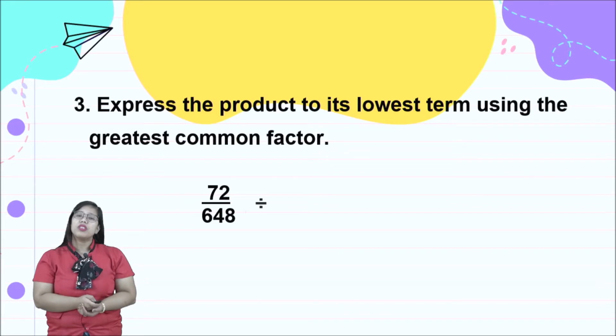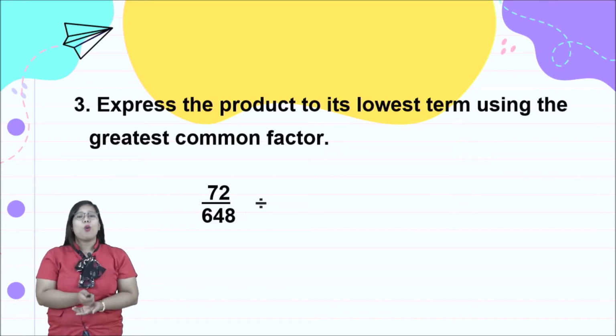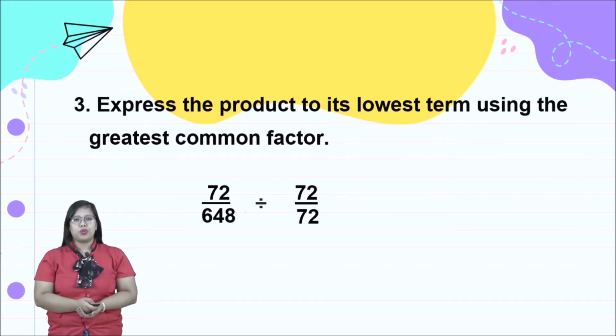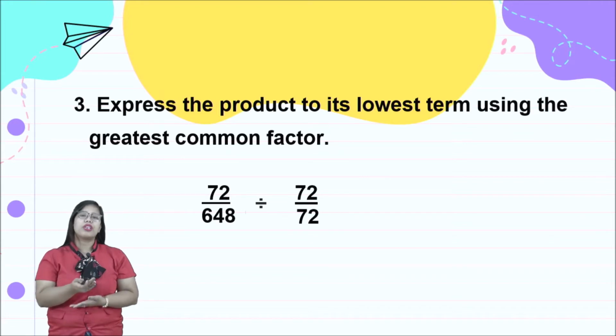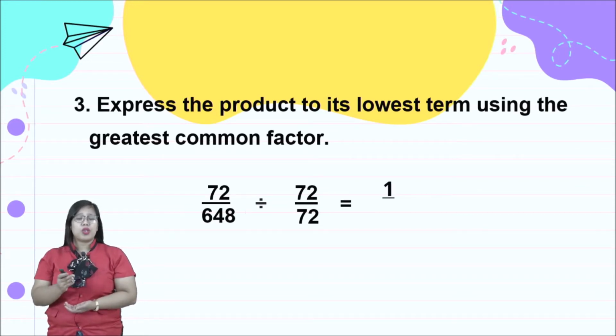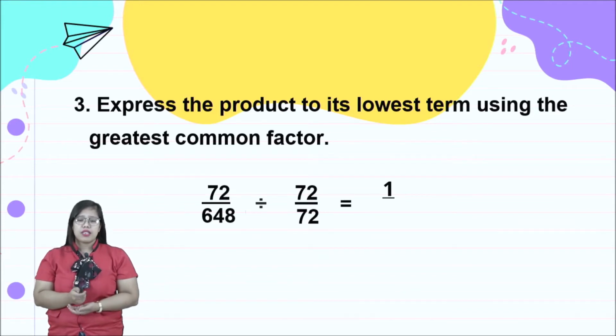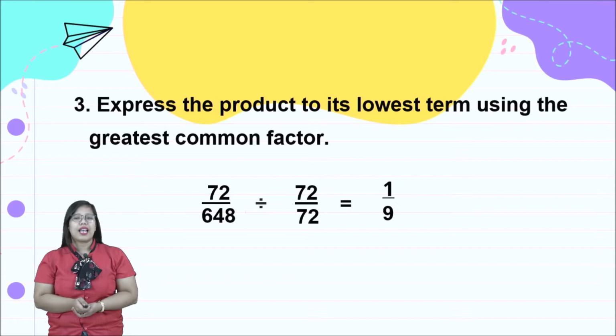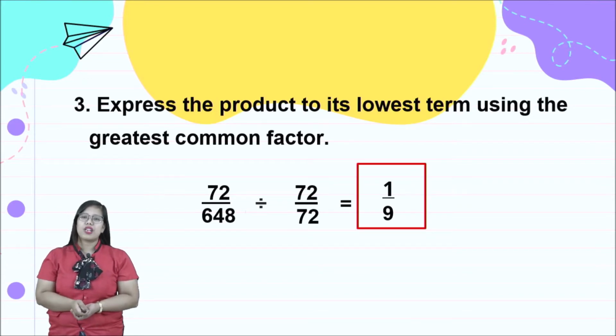We will divide both numerator and denominator by their GCF, which is 72. So 72 divided by 72 is 1, and 648 divided by 72 is 9. So our final answer is 1 over 9.